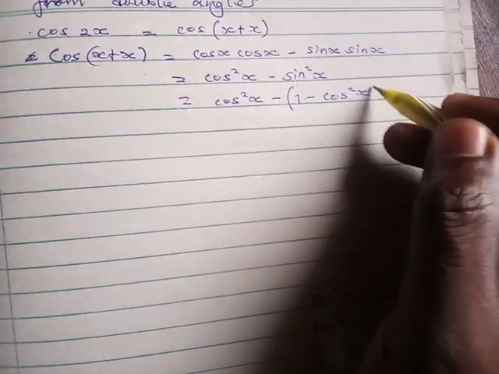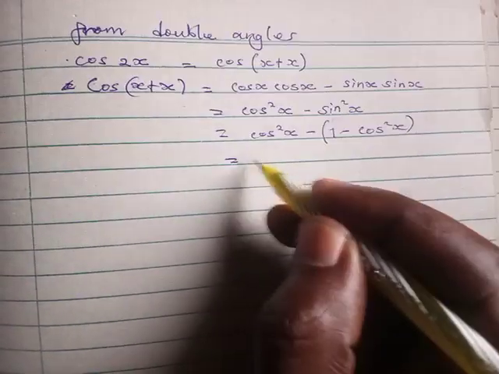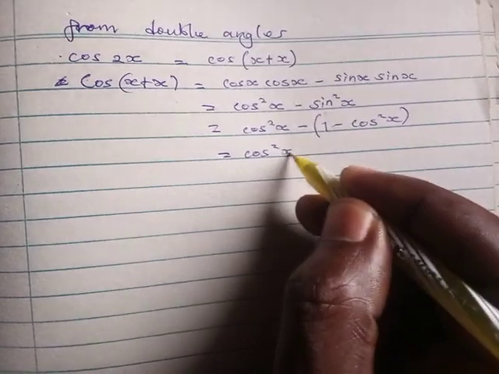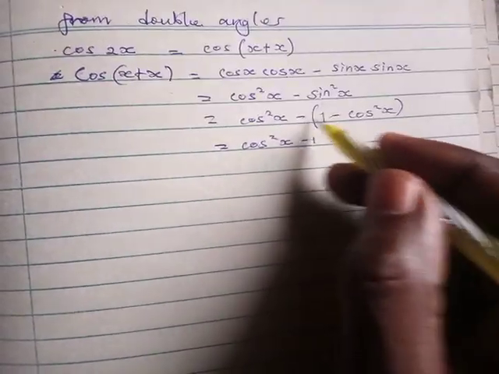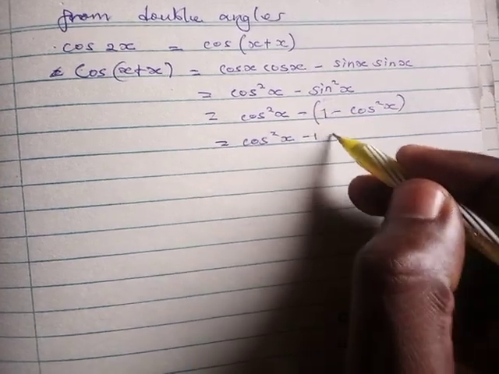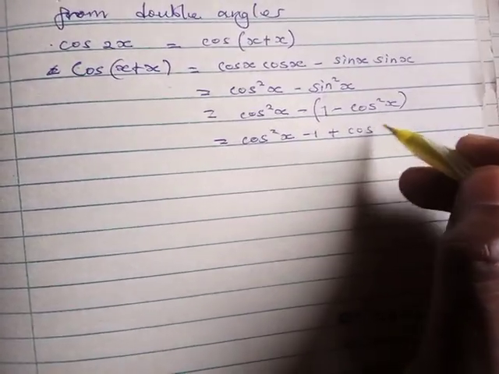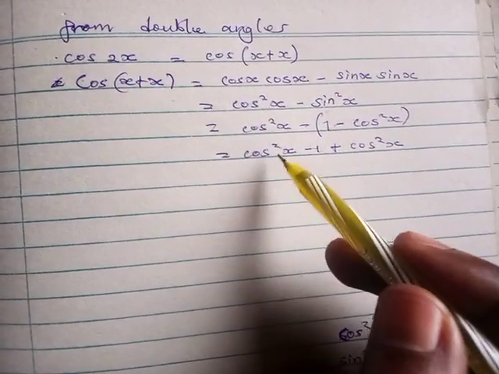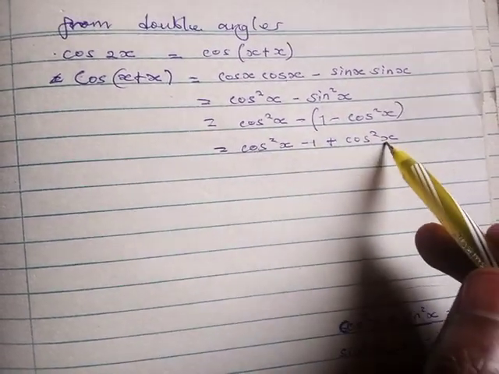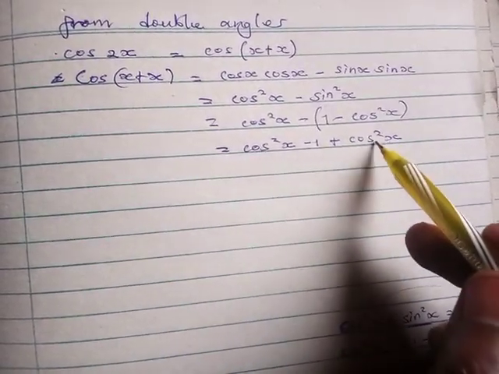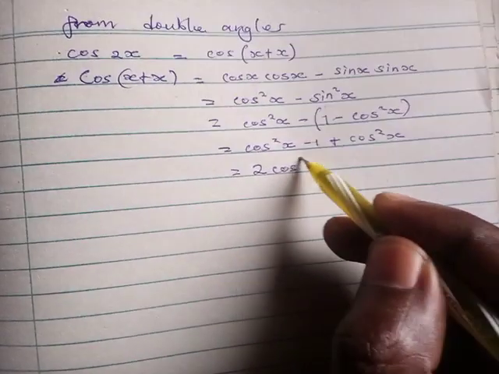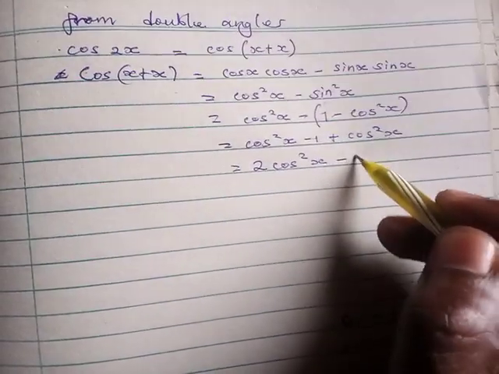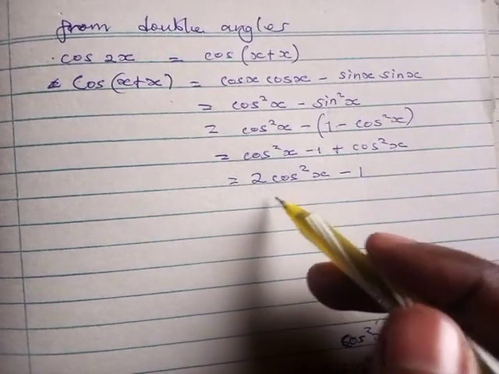So this gives me cos squared x minus, opening the bracket, minus 1, then minus minus, it is plus cos squared x. So we have cos squared x here and cos squared x, so it is 1 and 1, which becomes 2. So it is 2 cos squared x, then minus 1. So that is its equivalent here.